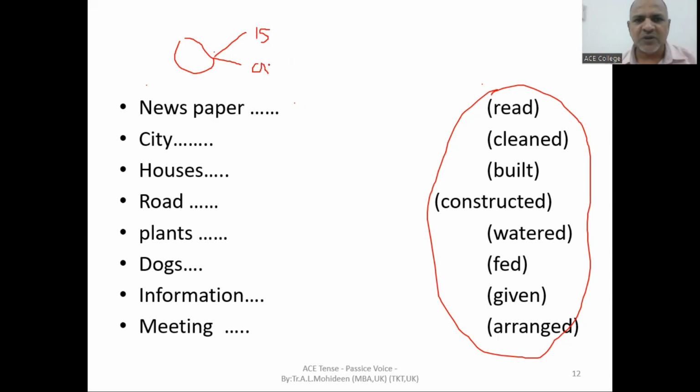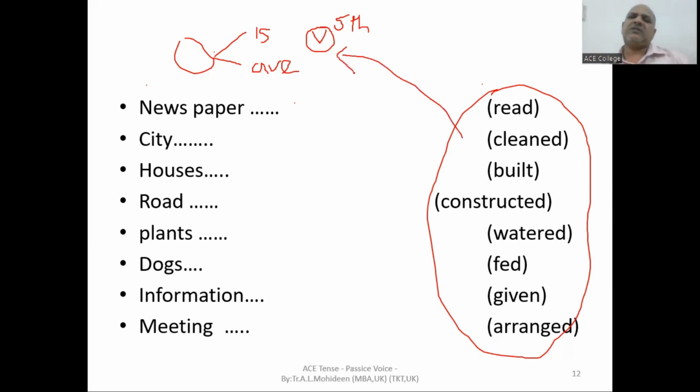And after that, what are you going to do? You are going to add the verb in fifth form. So you have to understand what the fifth forms are, and how you are going to convert them into fifth form.